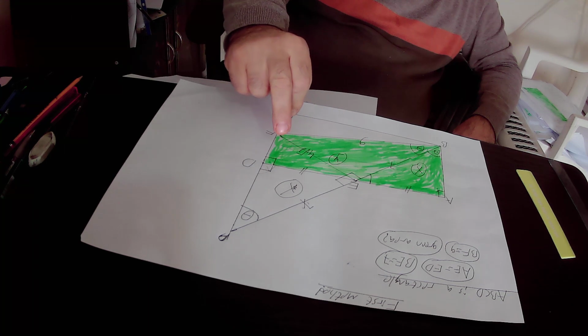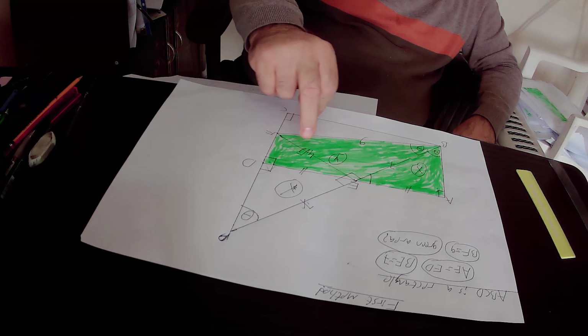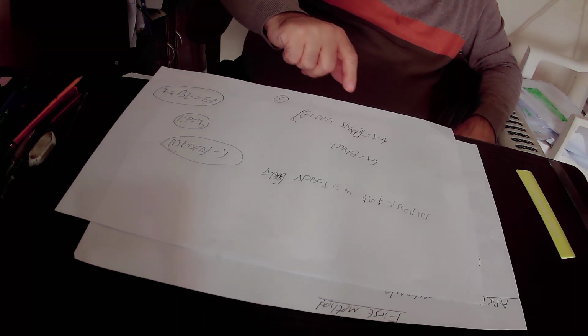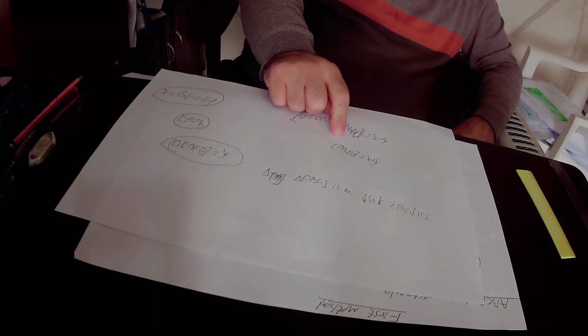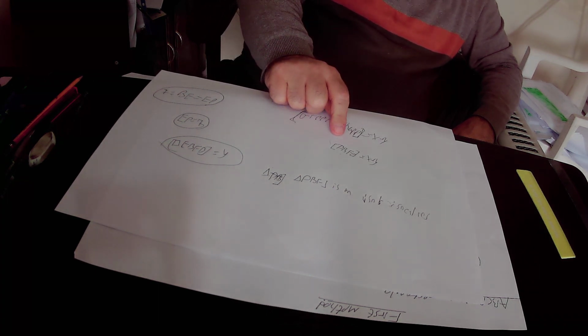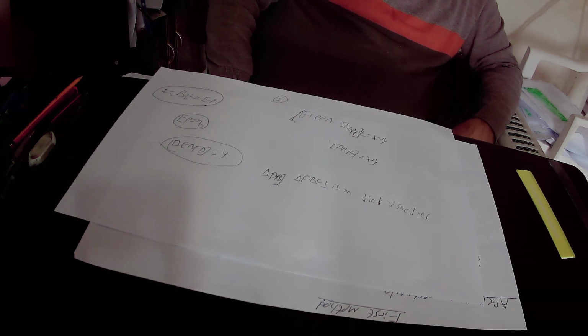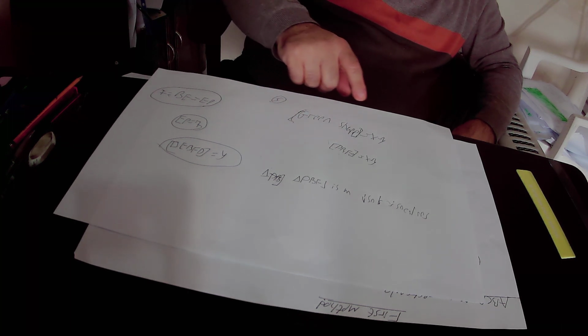So the area of triangle PBF is equal to x plus y, and the green area also equals x plus y. So we can find the area of triangle PBF, and in this way we will find the area of the green shape.